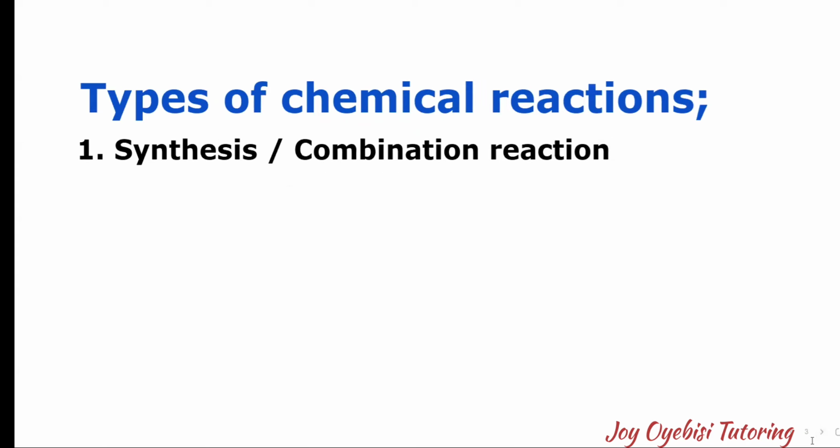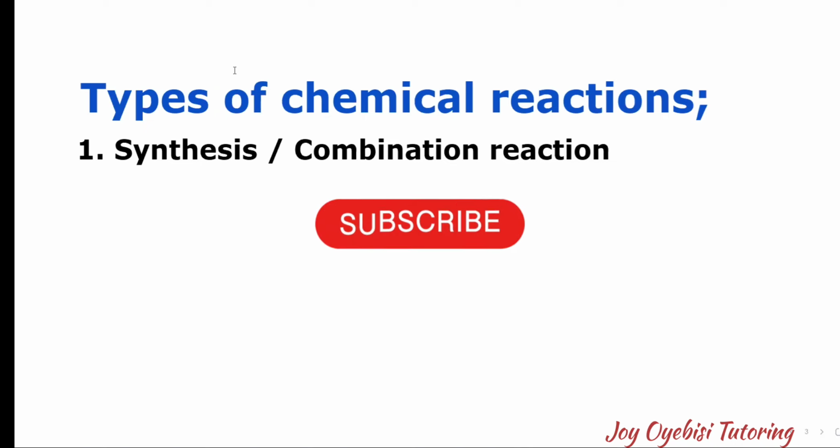Types of chemical reactions. The first type is called synthesis or combination reaction. And from the word combination, it just means adding things together, okay? So when you add two or more things together and they give you one single product, that is what we call combination reaction.